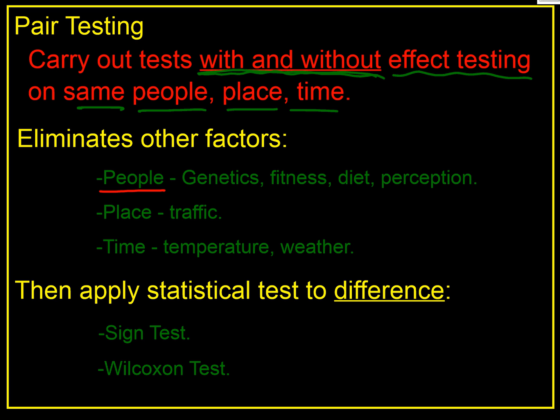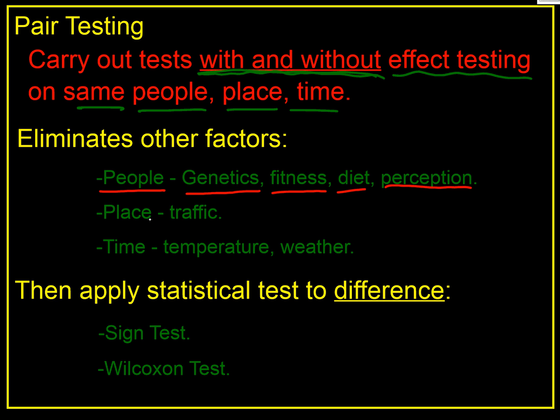So if we use the same people, we can ignore the fact that they might have different genetics or fitness or diet, or in our case, perception of the benefit, because it's a subjective perception ranking. It's not a sort of a specific and measurable one.